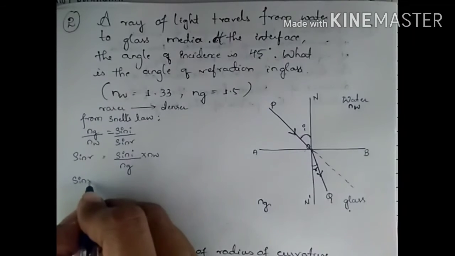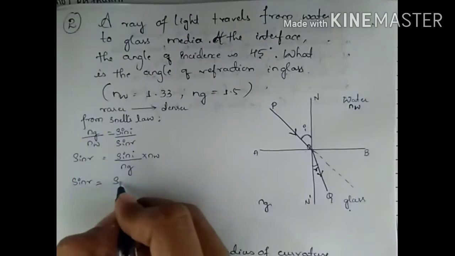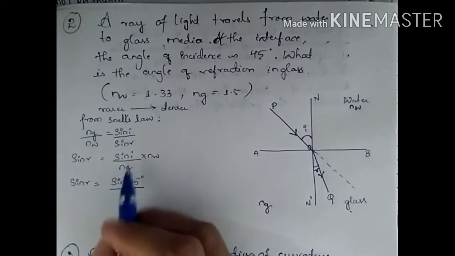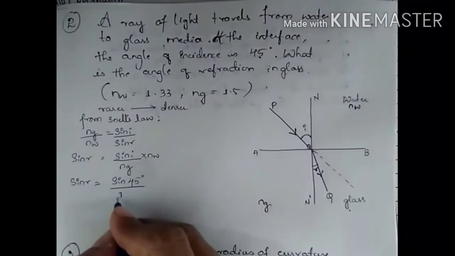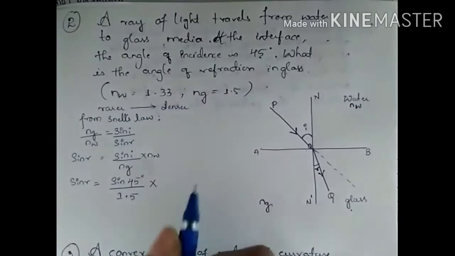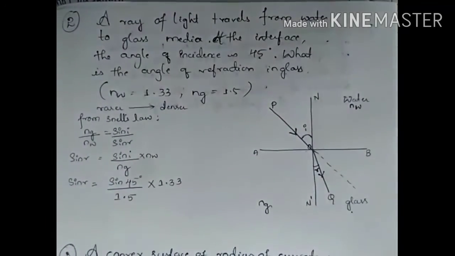So sin R is equal to sin of 45 degree, the incident angle, divided by n_g, which is 1.5, and n_w is again the given quantity, that is 1.33.